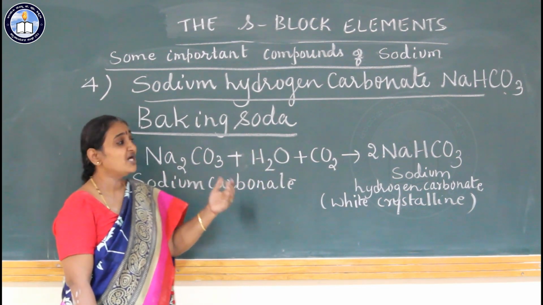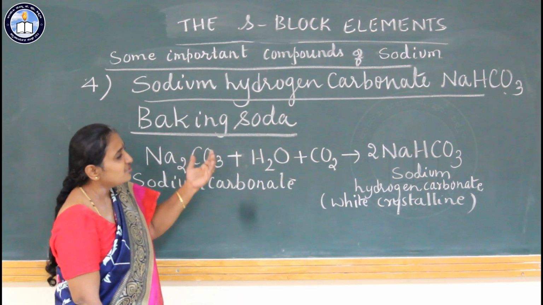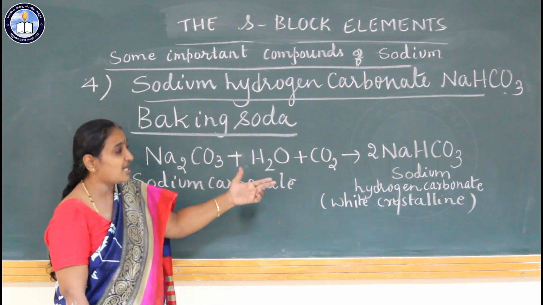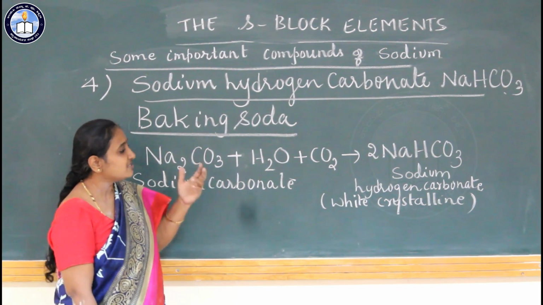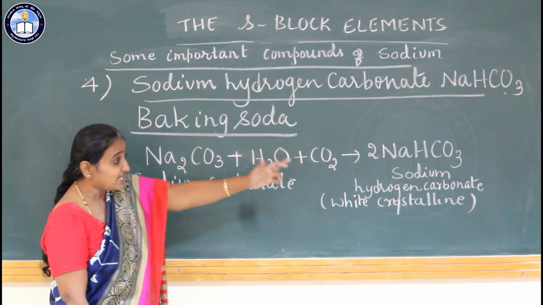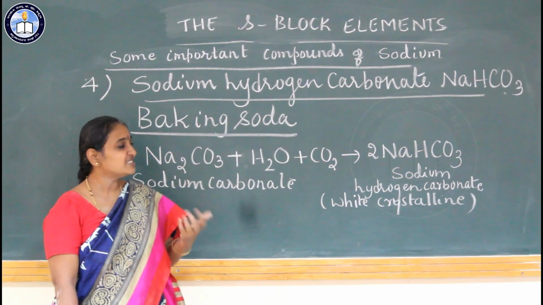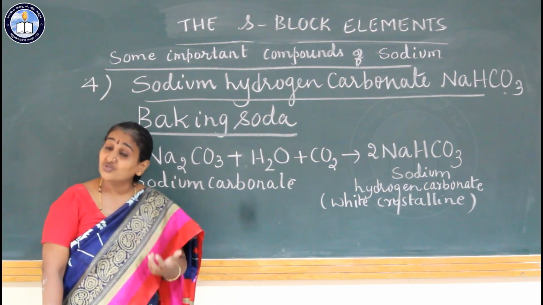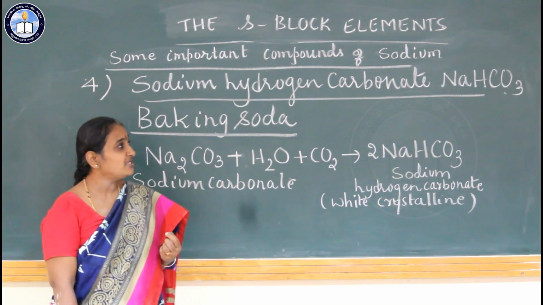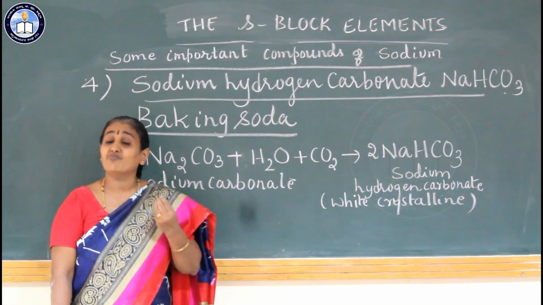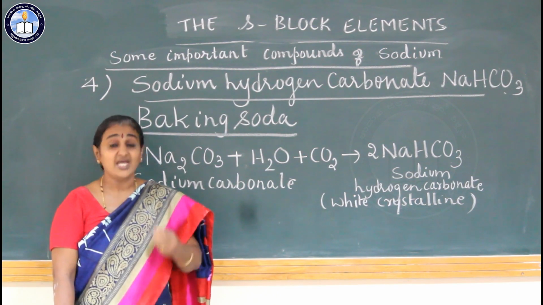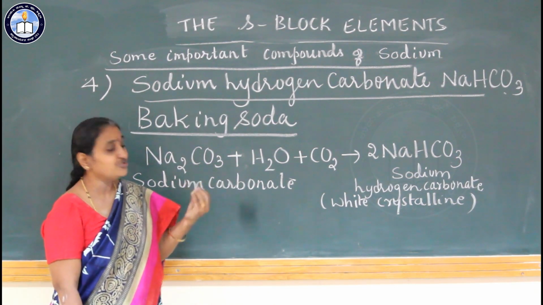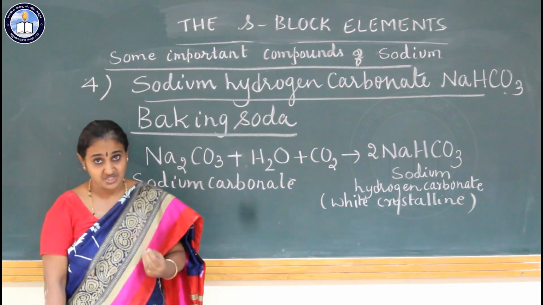We saturate a solution of sodium carbonate with carbon dioxide, and the white crystalline powder of sodium bicarbonate, which is less soluble, separates out. What are the uses of sodium bicarbonate? It is used as a mild antiseptic, especially for skin infections, and also in fire extinguishers.